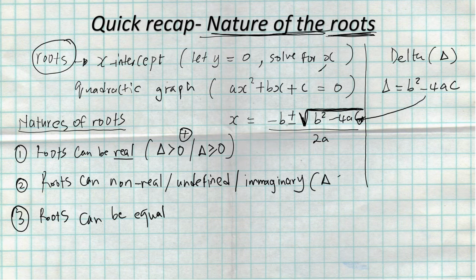It's when your delta is negative, in other words, less than 0. Then we conclude that our roots are non-real. What if our roots are equal? It is when you calculate delta and it is equal to 0. When your delta is equal to 0, you can conclude that your roots are equal.